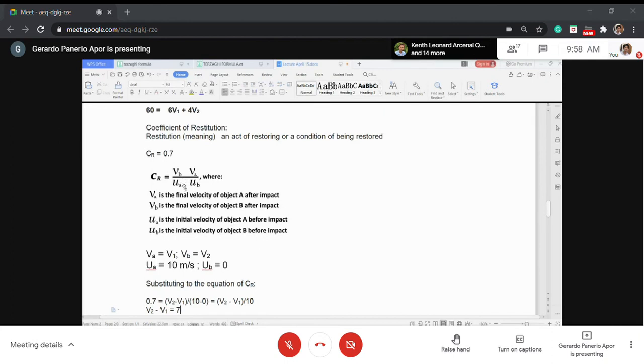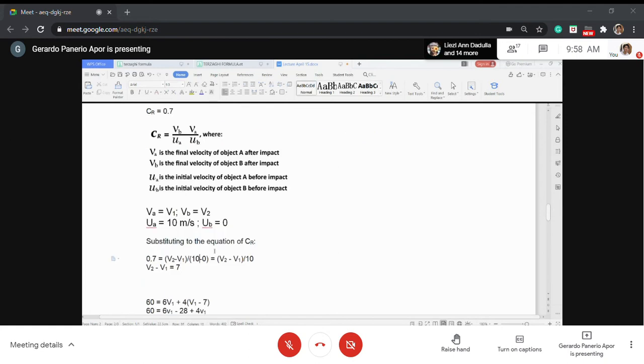This is wrong, it should be UB minus UA actually. So this is 0 minus 10, or you can make that positive by just reversing this. Since the first one comes first, it should be VA minus UA.